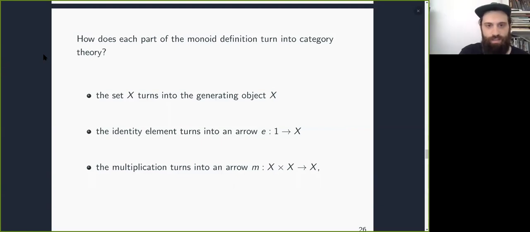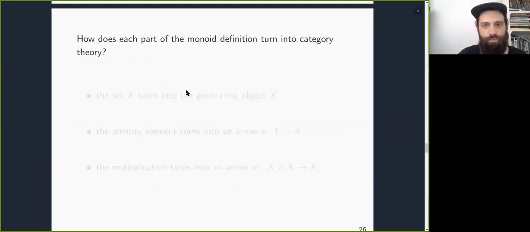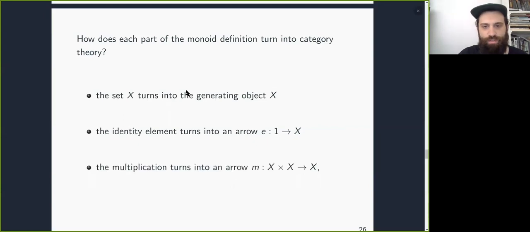In the classical definition, I just said, you see this first bullet up here, that there's an identity element inside of X. Well, in category theory, we're not allowed to talk about things sitting inside an object. So this becomes the way that we talk about elements of an object.